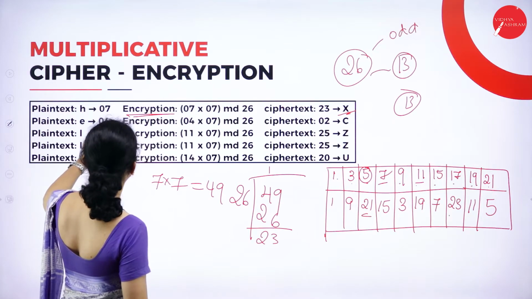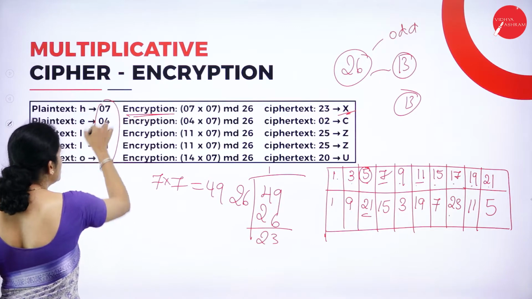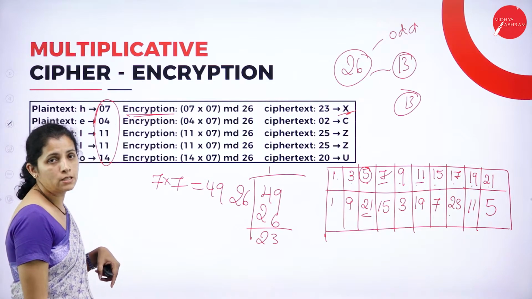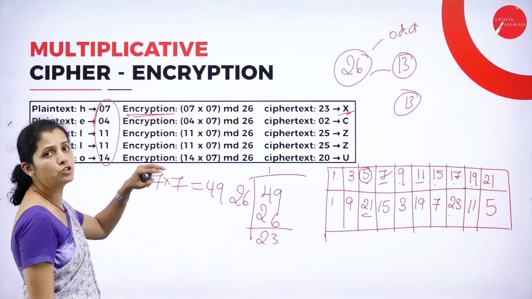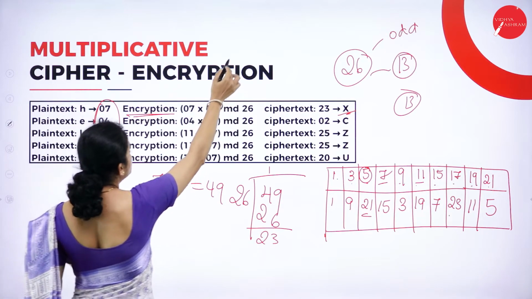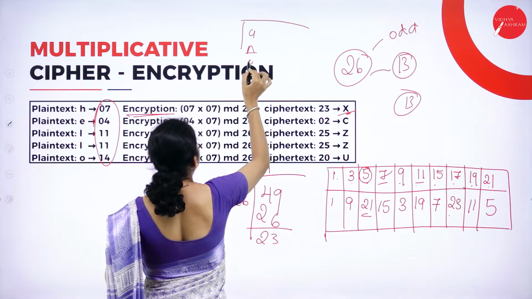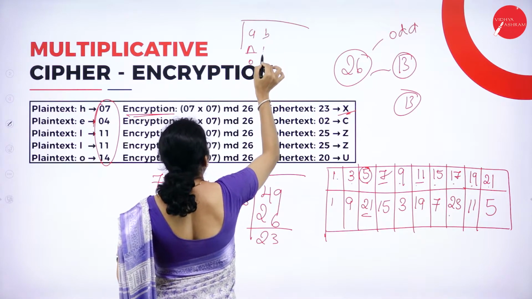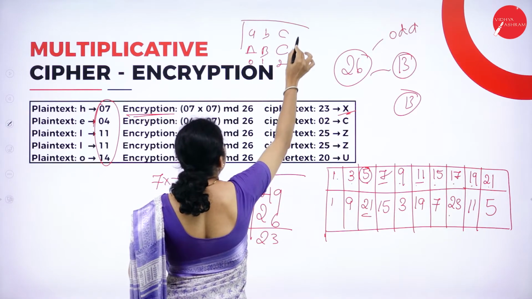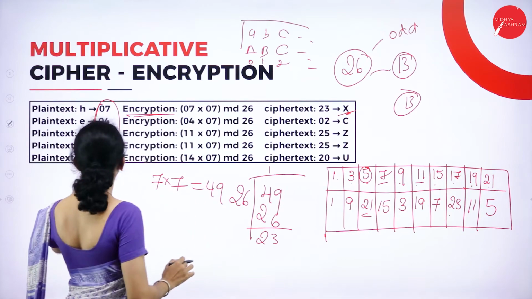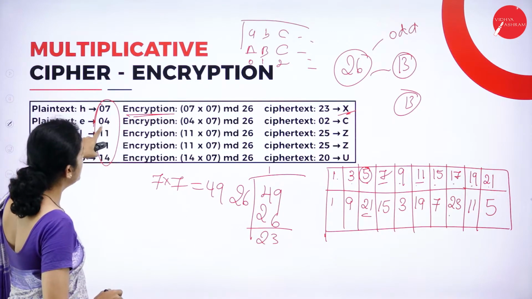It is 4. See here, to get the position, I want to draw the table. At the beginning, I am going to have plain text, then ciphertext, then the position. Same table I want to construct. That is capital letter A, position 0. For B, 1. C, 2. Like that, it's going to vary. So if I consider this table, what is my E value? E is 4.